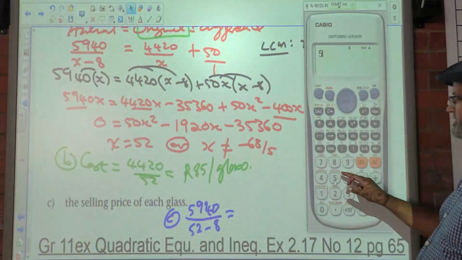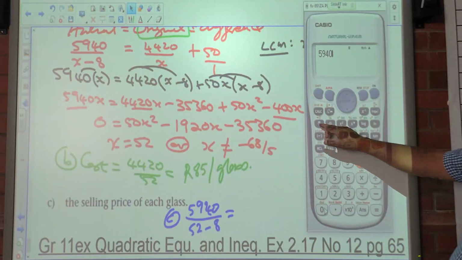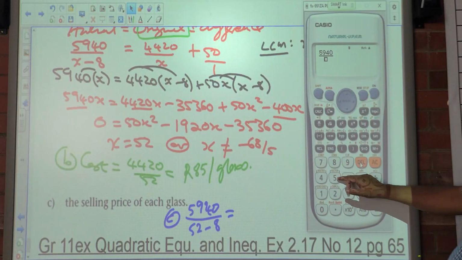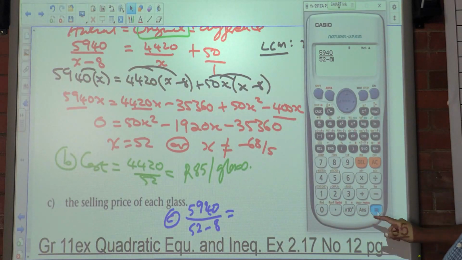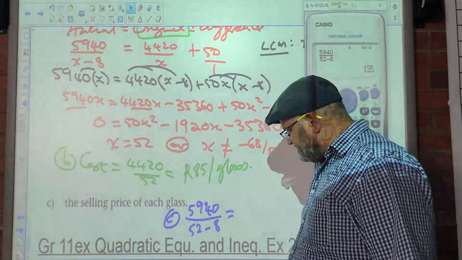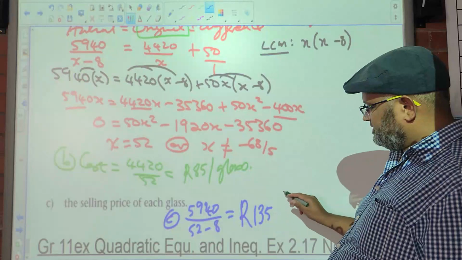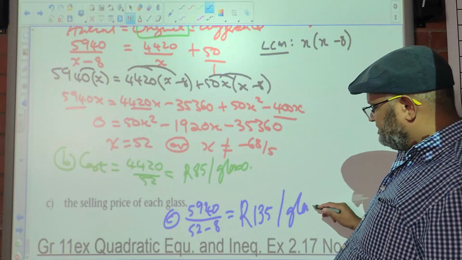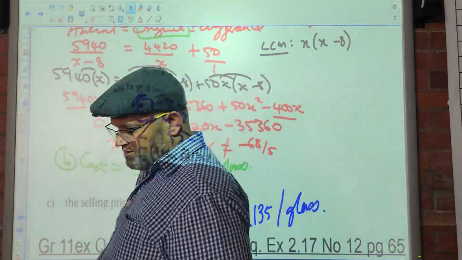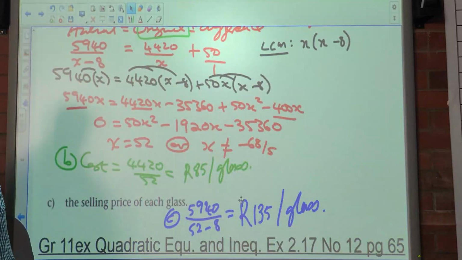Okay, so it's 5,940 Rand over 52 minus 8. That gives you 135 Rand per glass. Okay, see any confusion there?